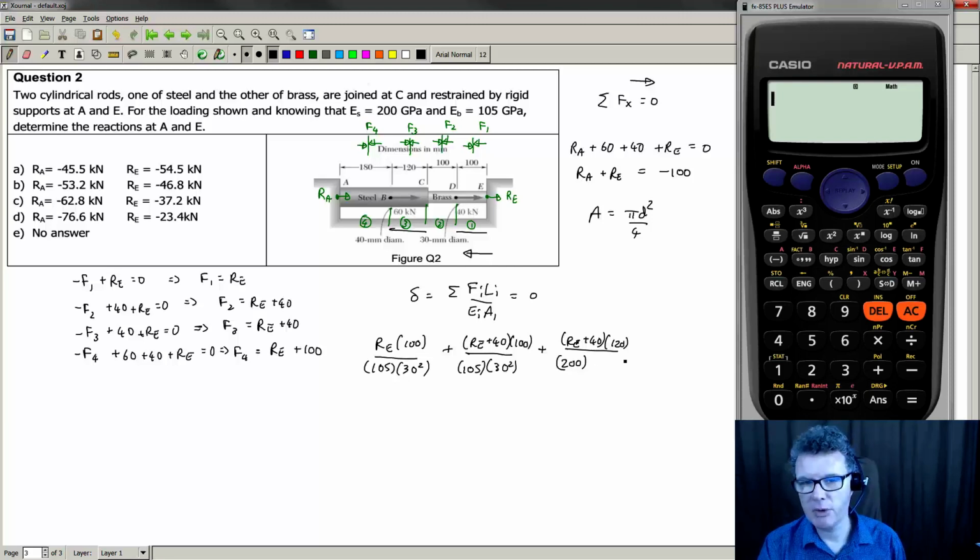Its area is going to be pi d squared divided by 4, but all the pi's and the 4's will factorize, they'll cancel, so ignore them. What's the diameter? It's 40, so you need to square it to make it into an area.